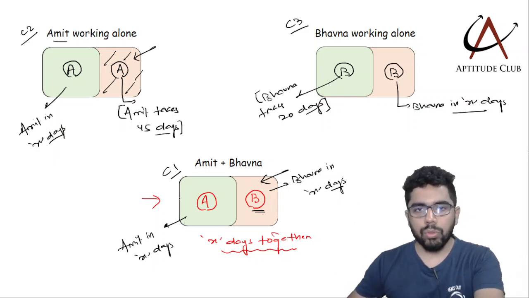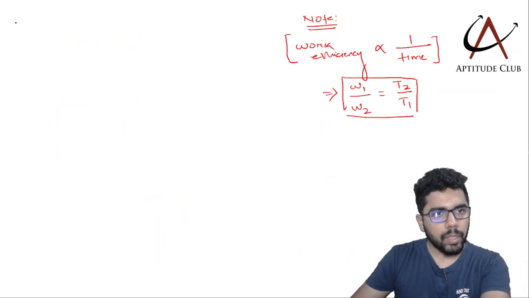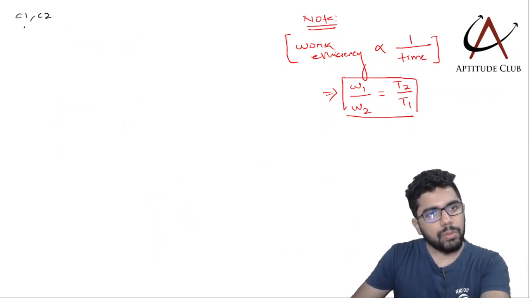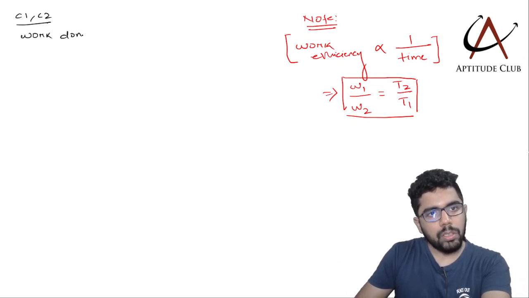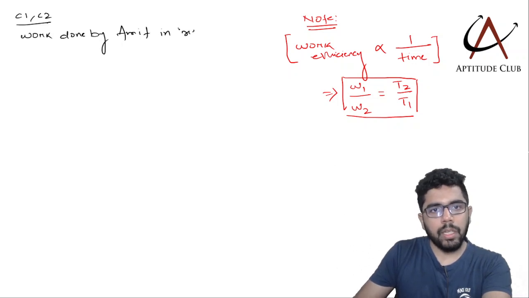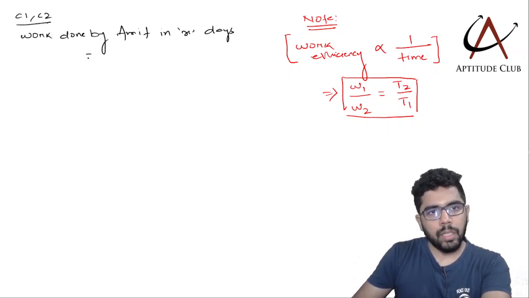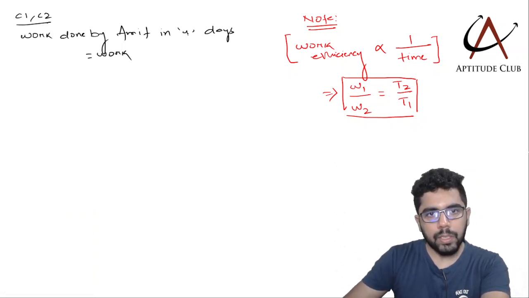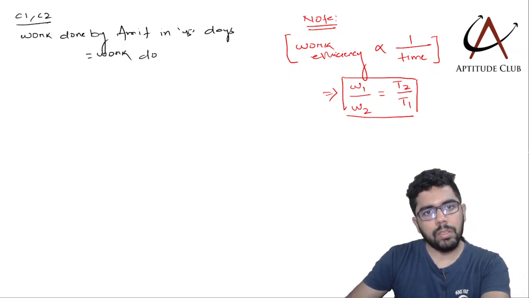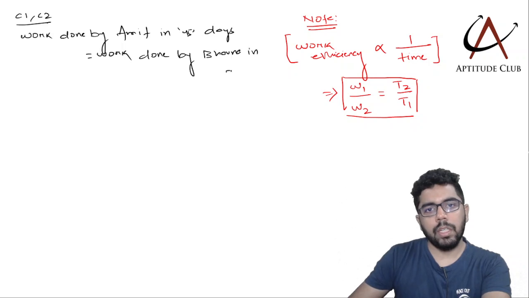So work being constant, if you compare case 1 and case 2, whatever work Amit could do in 45 days is the same as the work done by Bhavna in X days.